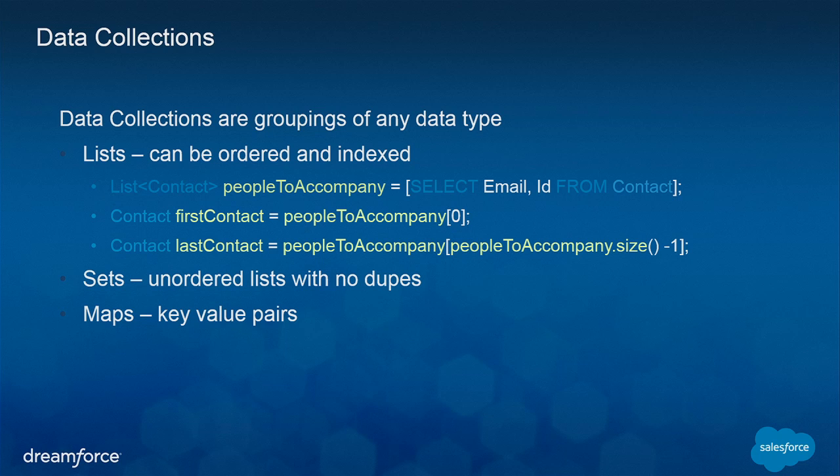I've only got 2, so size is going to tell me 2. And if I put the 2 in brackets, it says, gosh, I know 0 and I know 1, but I don't know contact 2 at this point. So that's why we have the -1. And that's why people end up with off by 1 errors when they code quite often, because they forget to take into account the fact that programmers like to start with 0 when they're counting.